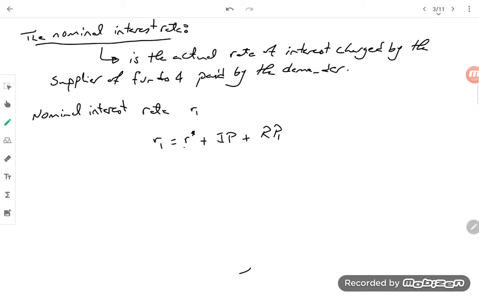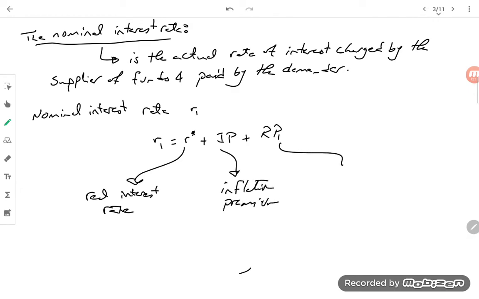Okay, once again, this is the real interest rate, inflation premium, risk premium.